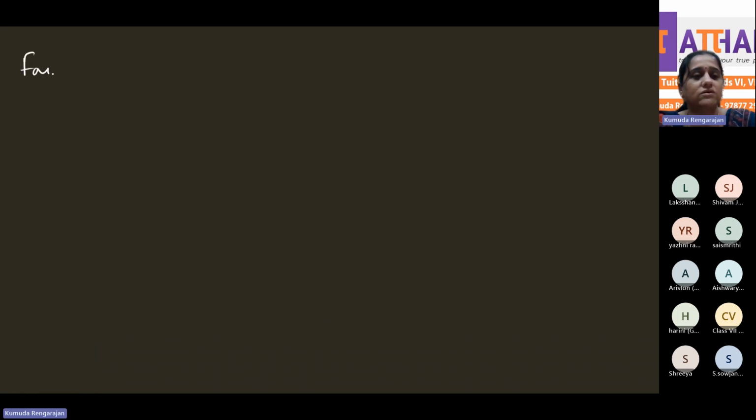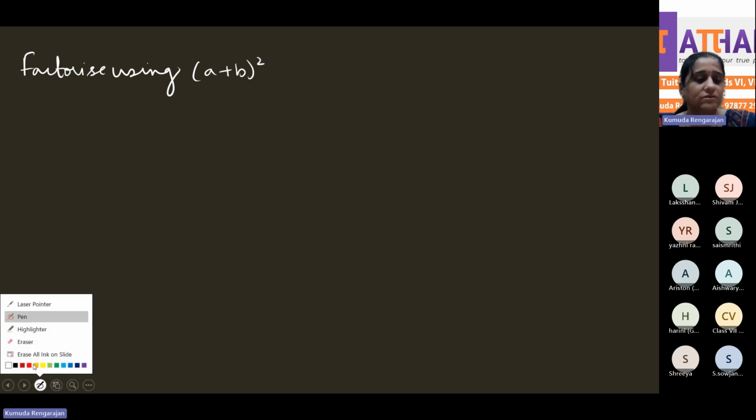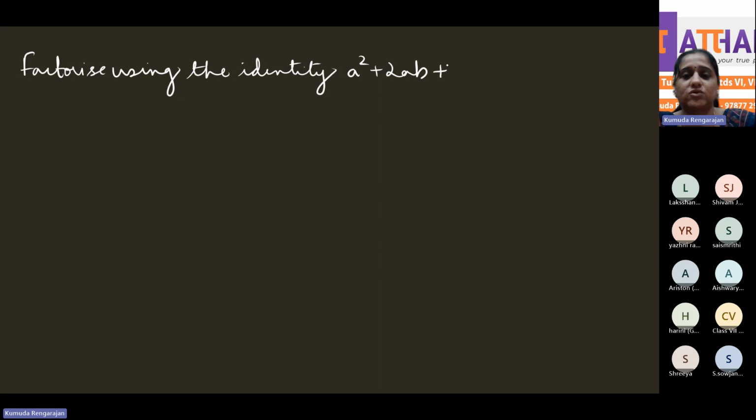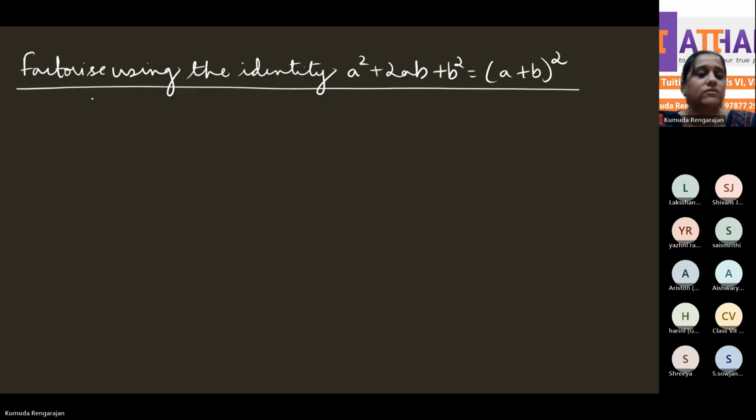Factorize using the identity a square plus 2ab plus b square is equal to a plus b the whole square. All right, so this is the main heading. We'll take up some questions under this.